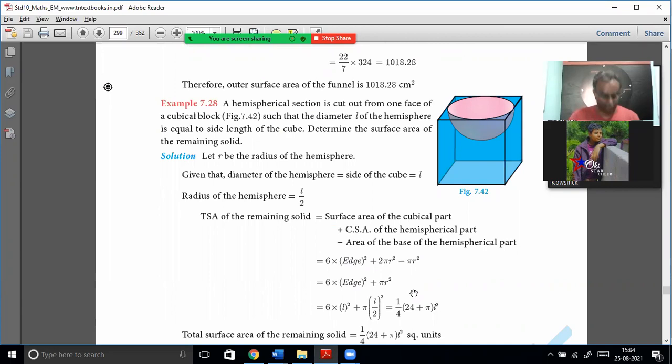Okay. Example 7.28 we cannot do now. Next week we'll finish exercise 7.3. We'll do this example and we'll finish 7.3. Okay, ma. Good. I will give you a homework.